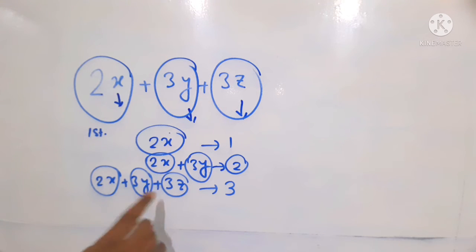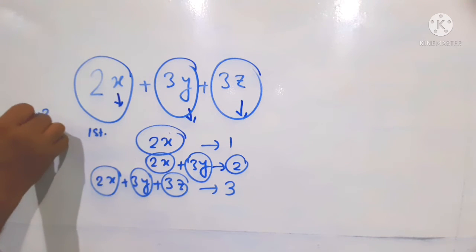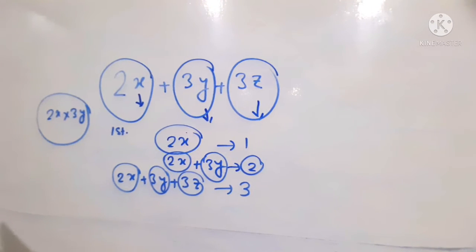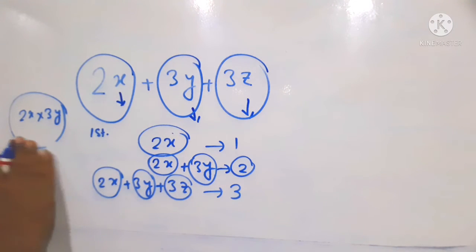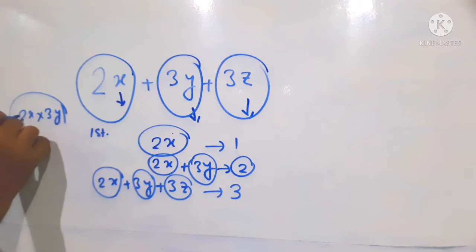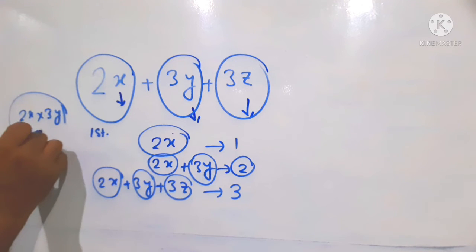So this sign may be plus, may be minus, but when you write 2x into 3y, can you say how many terms are there? Check one point. You can write this as 3 into 2, 6, and x and y you can multiply.